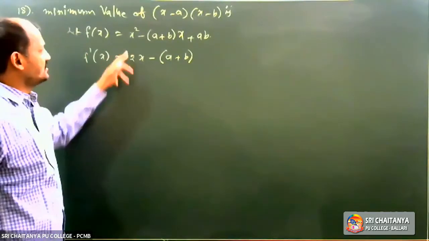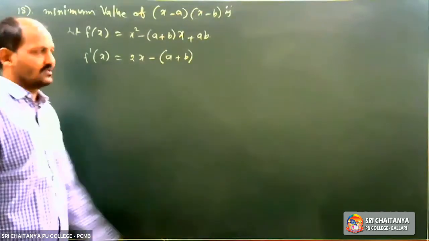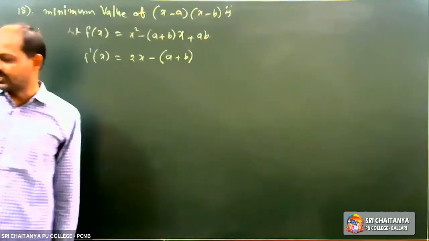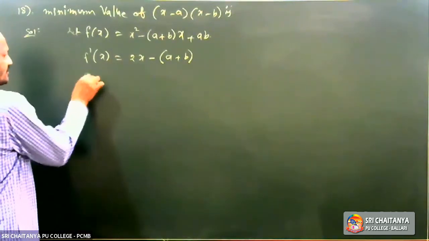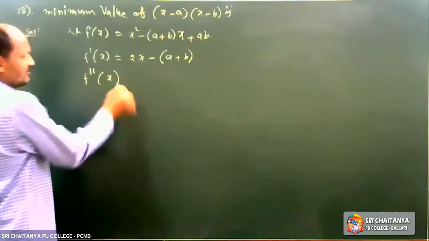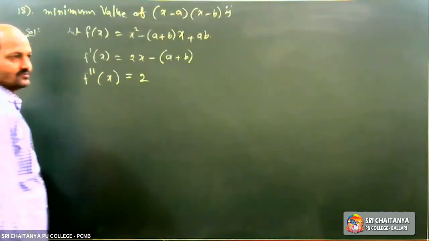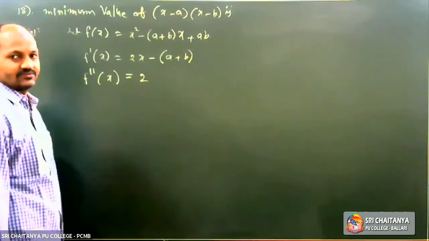Derivative of x square is 2x. A plus b is constant, derivative of x is 1. Plus the derivative of ab, it will be 0, because it is constant. Second order derivative, f double dash of x is equal to 2. Derivative of 2x is 2, and the constant gives 0.